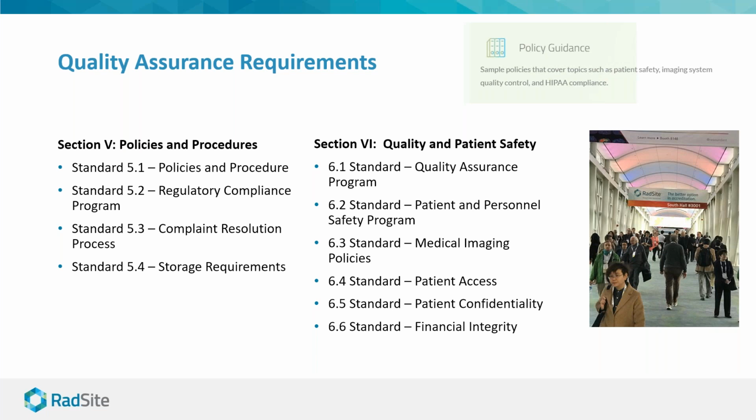And along with it, we have the quality and patient safety requirements: requirements for the quality assurance program, the patient and personnel safety program, medical imaging policies, patient access, patient confidentiality, and financial integrity. We want to make sure that these organizations are running safe practices and that they have the processes in place to ensure their safety.